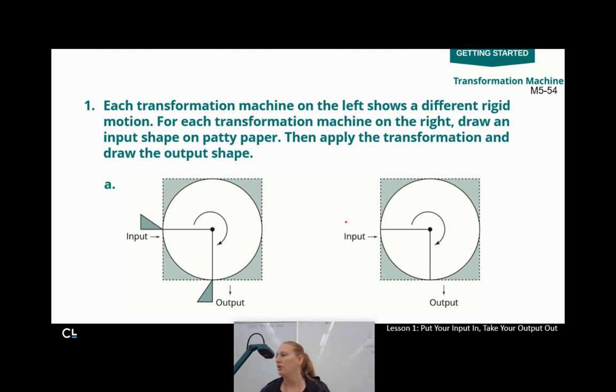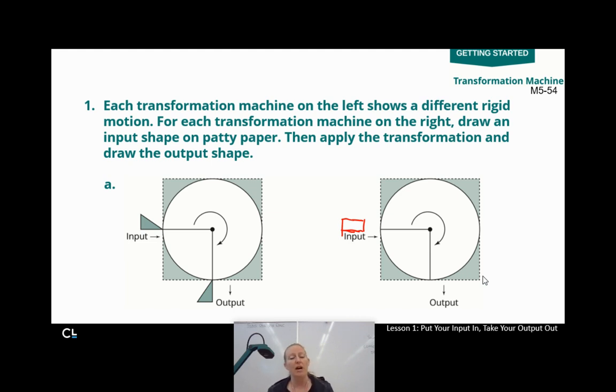Maybe you want to use a different shaped triangle. Maybe you want to use a rectangle. Input some shape. What would the output look like, given what you see happening here? You're going to do that for all 3 of these, for A, B, and C.